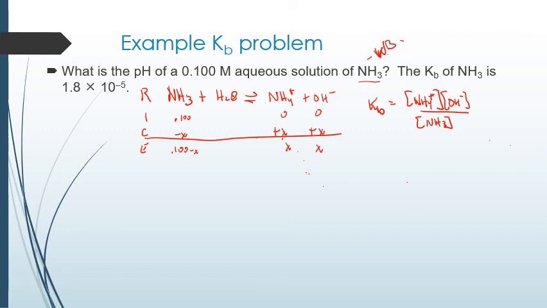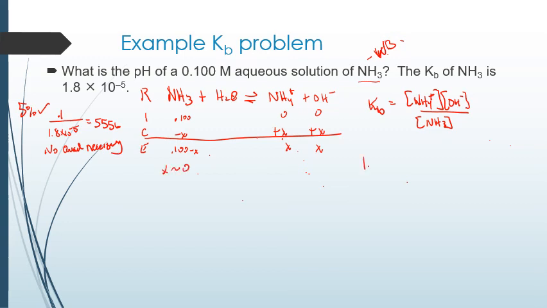And now doing our quick little 5% check over here, I can take my initial concentration, 0.1, and divide it by 1.8 times 10 to the negative fifth, which would be my KB, and that would give me 5,556. So since it's greater than 400, this would be one of the easy ones where no quadratic would be necessary. So we can make the assumption that X is going to be close to 0.